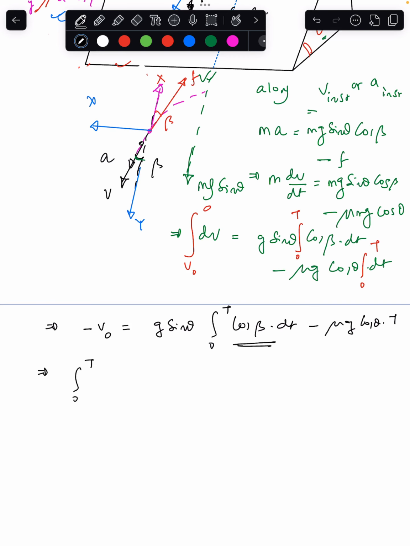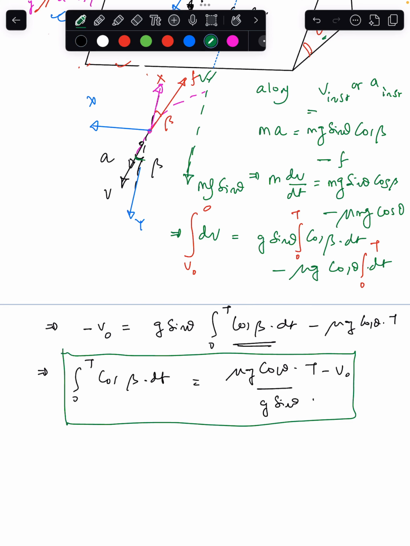So integration 0 to t of cos beta dt is going to come as (mu g cos theta into t minus v naught) divided by g sine theta. So this is the first equation that I am getting from the analysis, my equation number 1.